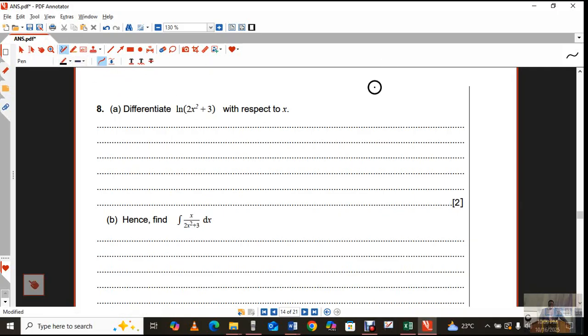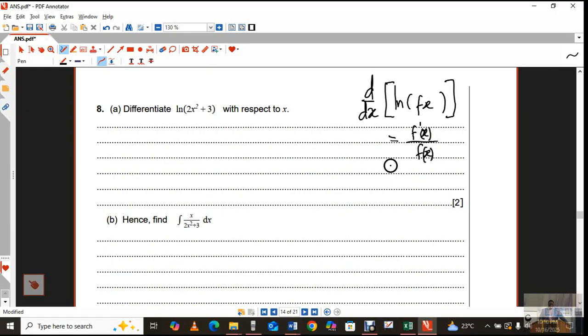If you were to differentiate d by dx of the natural log of ax plus b, I'm not sure whether that is within the formula, but you take the derivative of the stuff inside, f prime. Let me write it in a nice way so that you can get it. If this was f of x, then it's going to be the derivative of f of x over f of x.